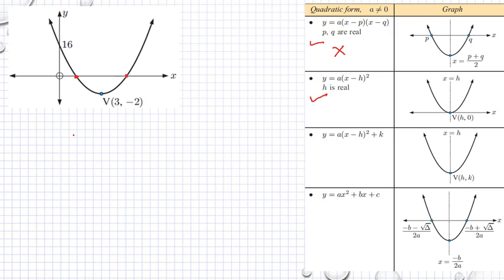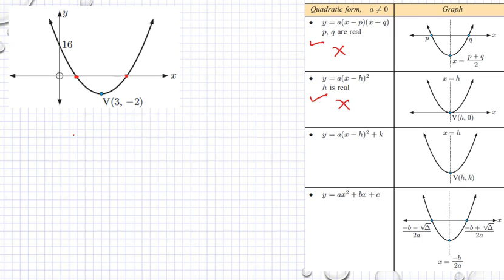If we look at the second one here, it doesn't touch the x-axis in one point, so we cannot use this either. If we look at the third, it doesn't matter if it touches the x-axis or not.